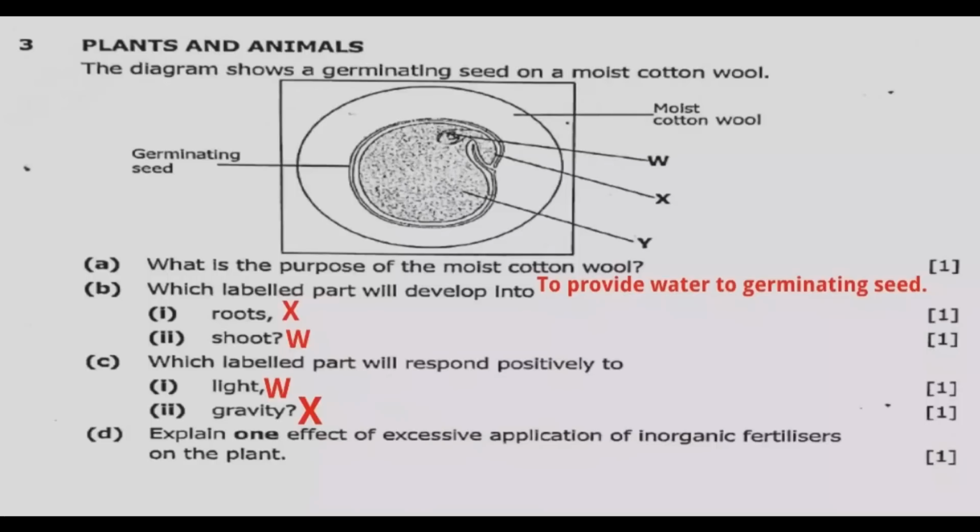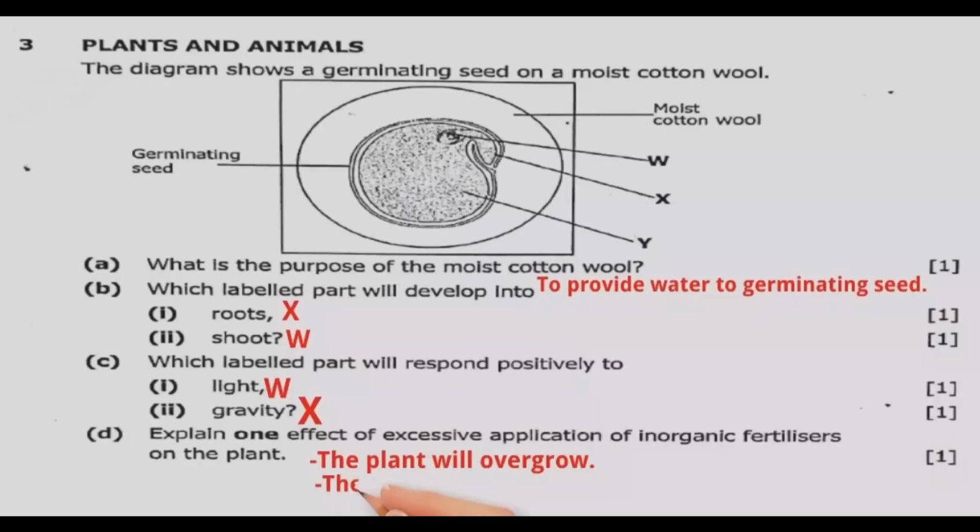We go to question D, which is explain one effect of excessive application of inorganic fertilizer on the plant. They just want one, but I'll give you two. One, the plant will overgrow. If you put a lot of inorganic fertilizer, the plant will grow abnormally, very big, or grow very fast.